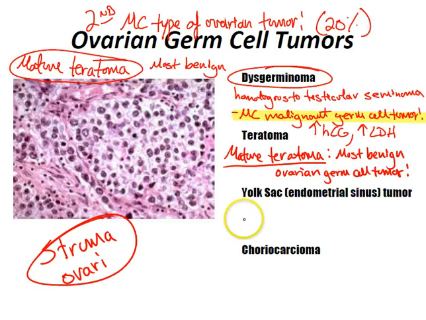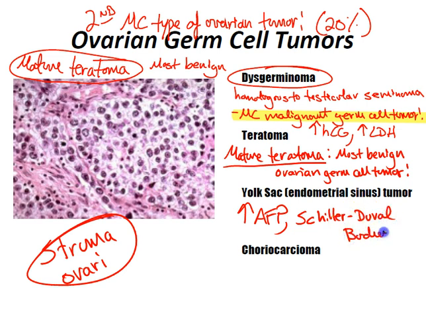The tumor markers include an increased alpha-fetoprotein, and histology shows Schiller-Duval bodies. They resemble glomeruli, so that's a pathognomonic finding.